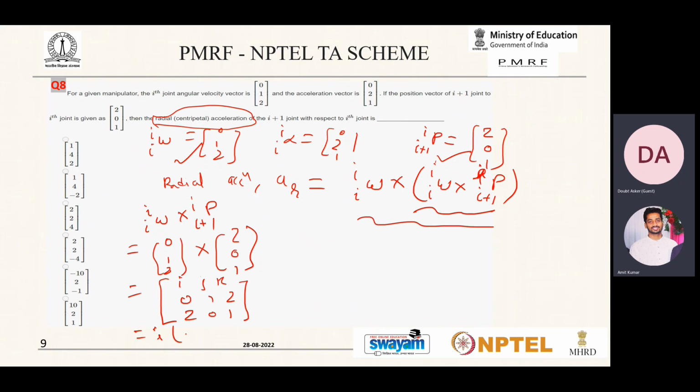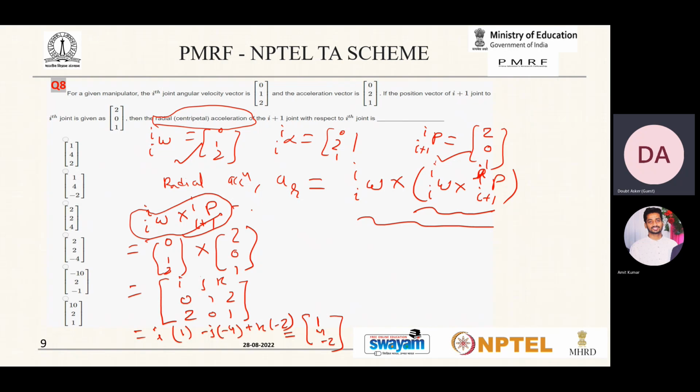This way it becomes 1, minus j. This way it becomes minus 4. And k plus k is minus 2. So what will we get? We'll get 1, 4, minus 2. So this is the value of this part.